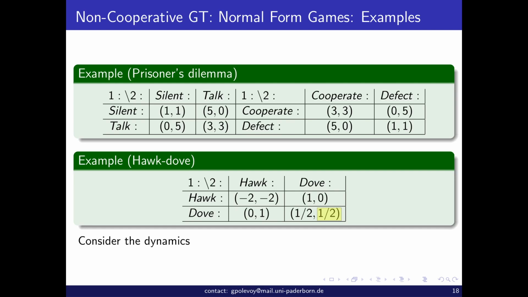So no matter who is the hawk and who is the dove, if one is one and the other is the other, they're going to be stable. So if they start here, here, or here, they're going to be stable.